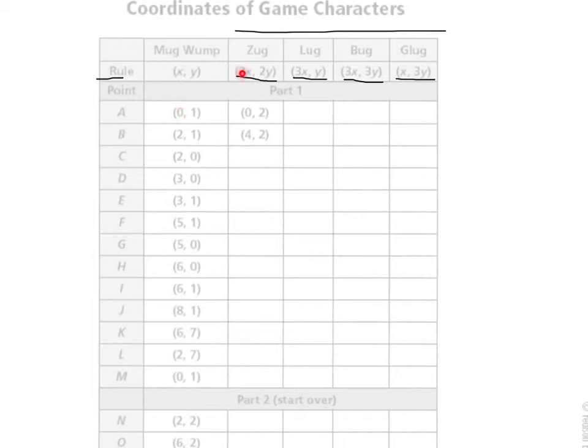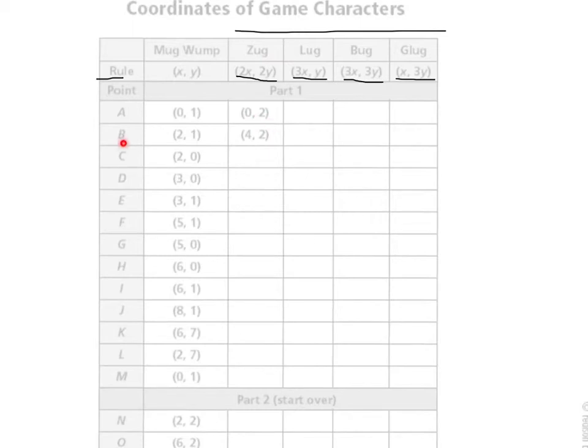So 2 times 0, because that's in the x coordinate for point A, and that gives us 0. Then we look at the y coordinate for Zug, and here's a 2 in front of it. The coefficient is 2. So we take the 2 and we multiply it by 1. So 2 times 1 equals 2. So then we're done with point A. So for Zug, point A is at 0, 2.